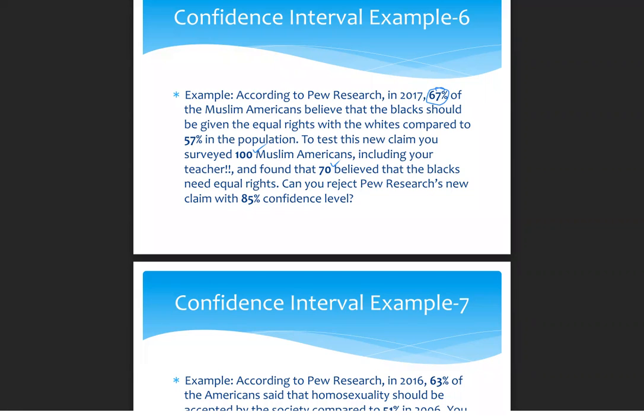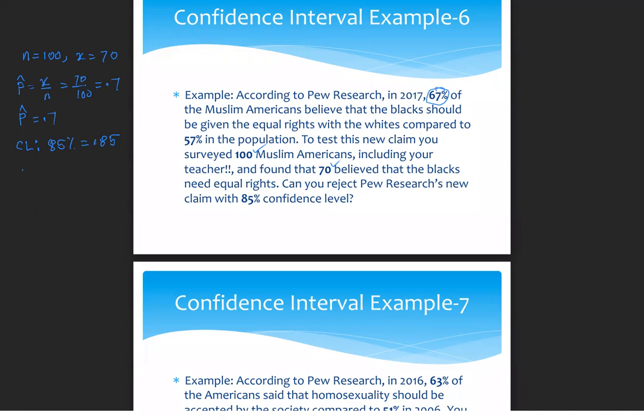So let's pick the numbers. Sample size n is equal to 100, x is equal to 70. So p hat is going to be x over n, which is 70 over 100, which is just 0.7. Your p hat is 0.7. Now your confidence level is 85%, that is, by the way, 0.85.